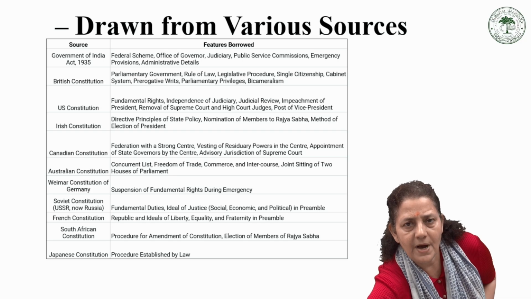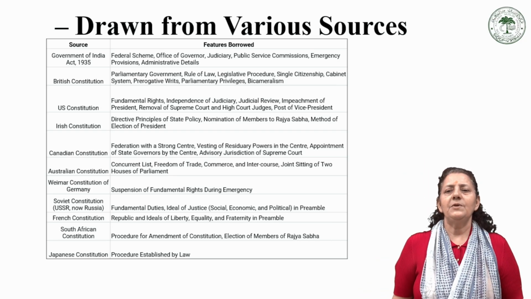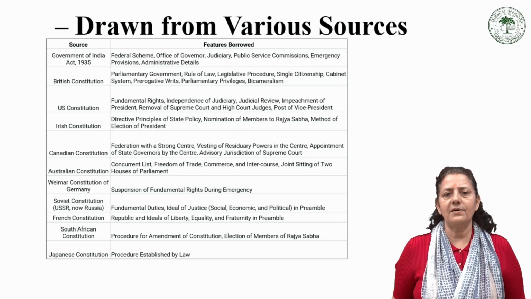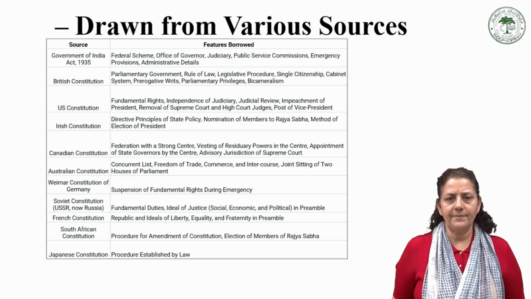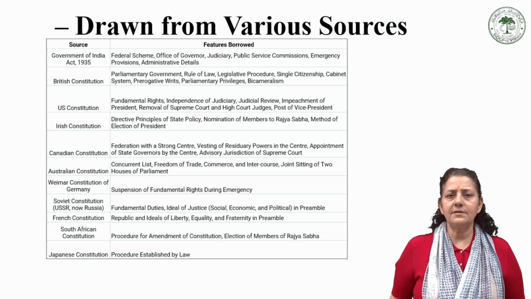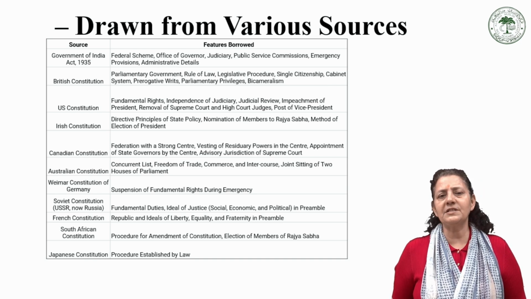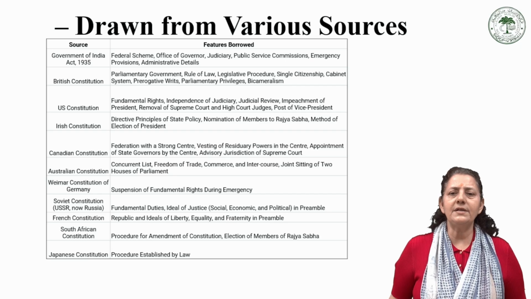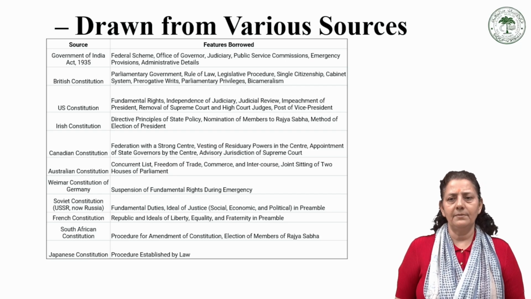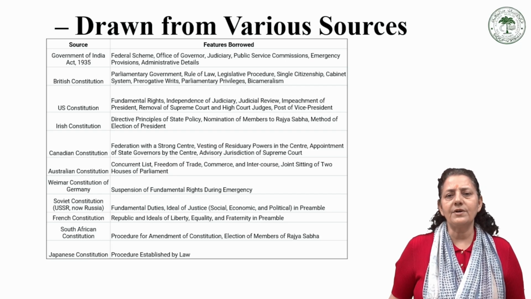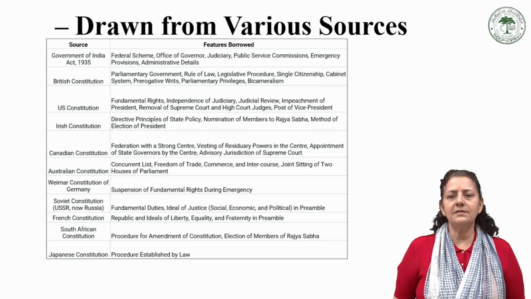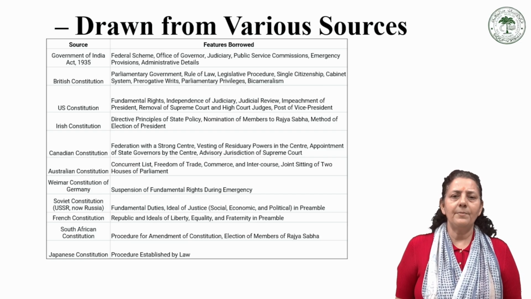From Weimar Germany came the provisions to suspend fundamental rights during an emergency. France gave us the republican ideal and the principles of liberty, equality, and fraternity in the preamble. The Soviet Union contributed the ideals of justice and fundamental duties.